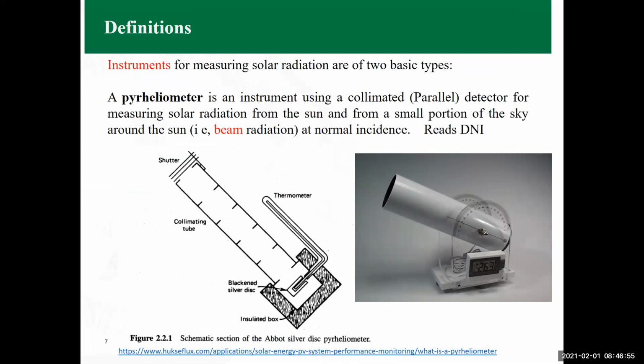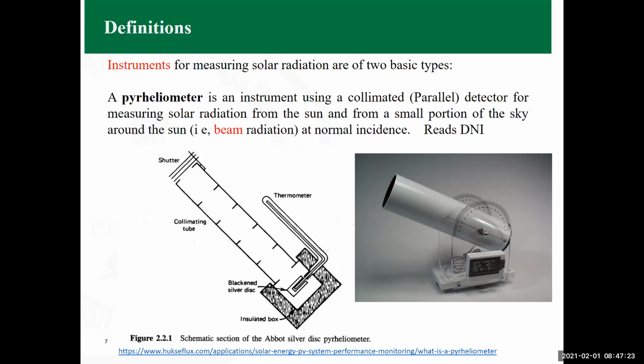Coming to the instruments that are being used for measuring radiation. This is the first one we see. It's made for measuring beam radiation, and it is called a pyrheliometer. It's an instrument which uses a parallel detector, they call it a collimated detector, for measuring solar radiation from the sun and from a small portion of the sky.